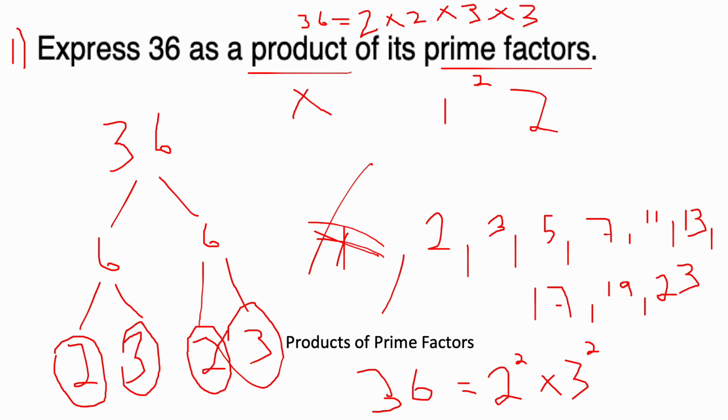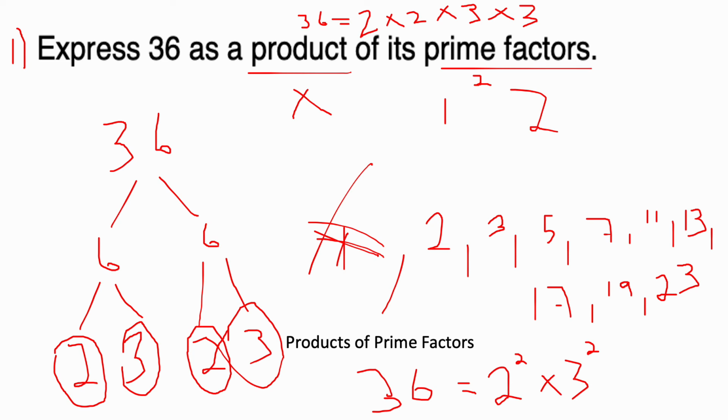Now in the exam, if it was worth, let's say, 2 marks, you would have to write it in its component form, as a power in its simplest form, because no one likes to write 2 times 2 times 2 times 2 several times. So 1 mark would be awarded for that.